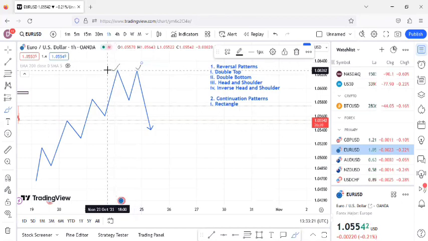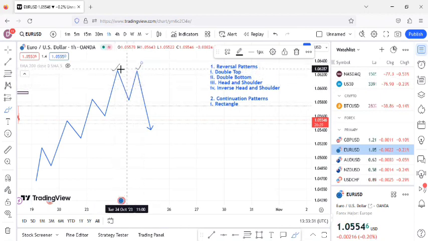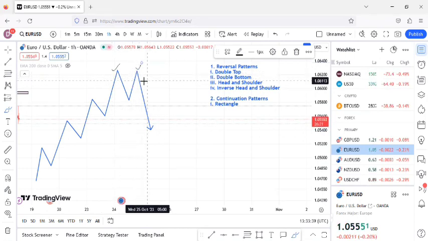This is usually found at the top of a trend. So when you find this pattern at the top of a trend, that is called double top, and that shows you that the trend is about to reverse.